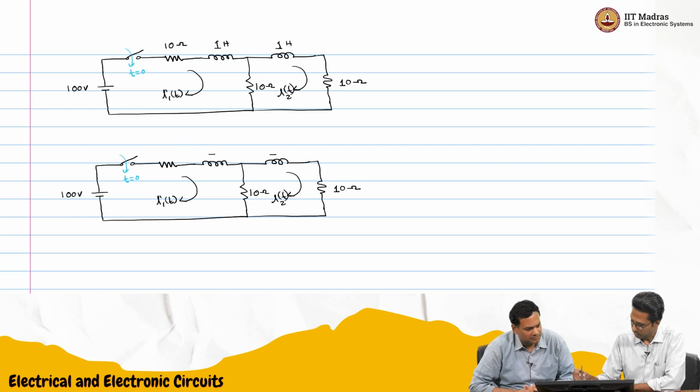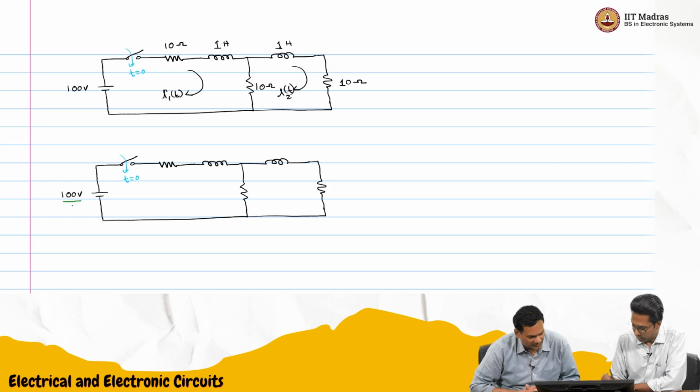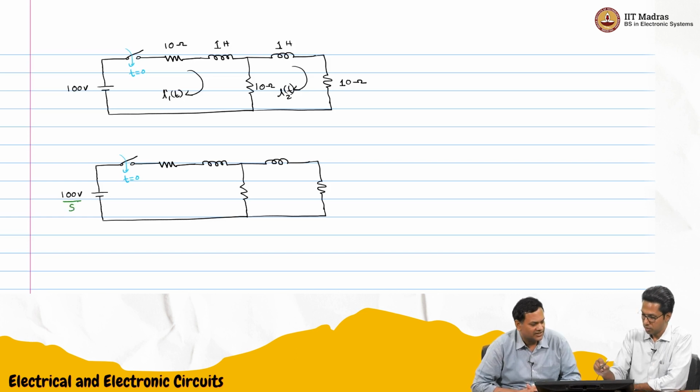I'll write it in a different color. So this is 100 by S, because it's U of t. And we can remove the switch, since the switch is closed. Resistors: no change.